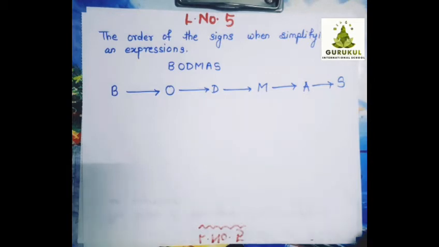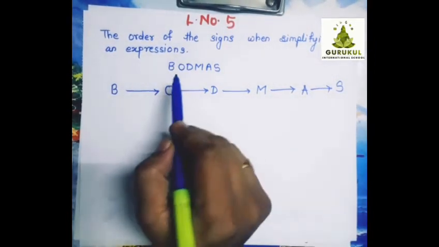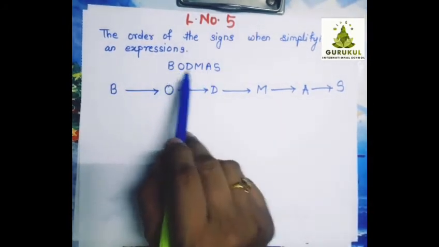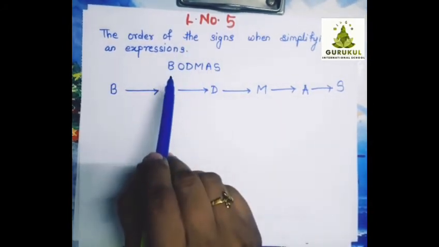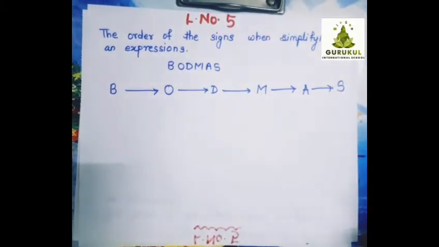Now, to explain this rule in a simple schematic diagram, here you have one rule that is called BODMAS rule. You can see the spelling which we have written here, BODMAS. What is BODMAS?